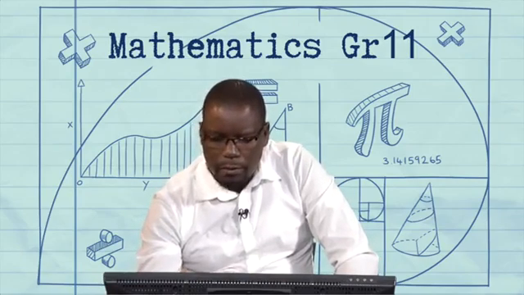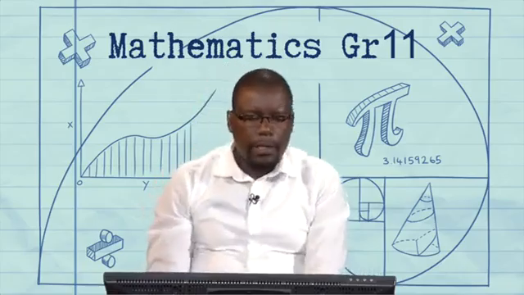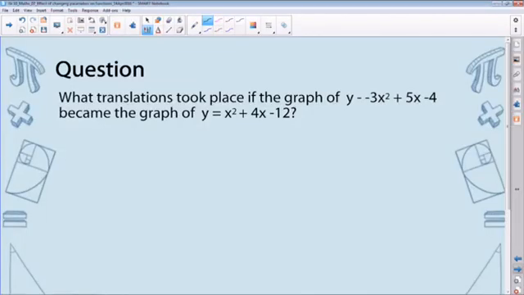Now, we look at the next problem. What translations took place if the graph of y = −x² + 5x − 4 (there's a mistake there). Now, what we need to do is to compare the turning points, okay?